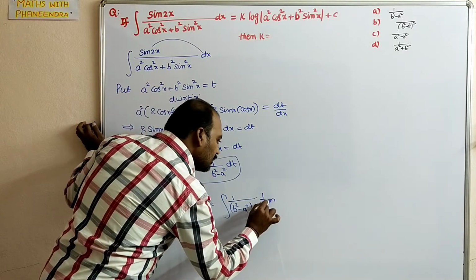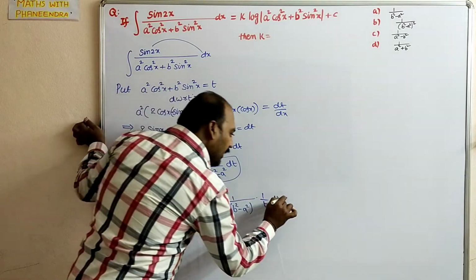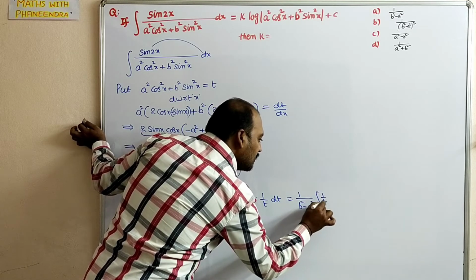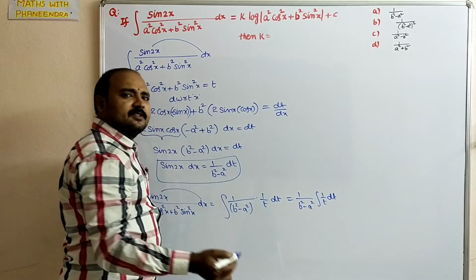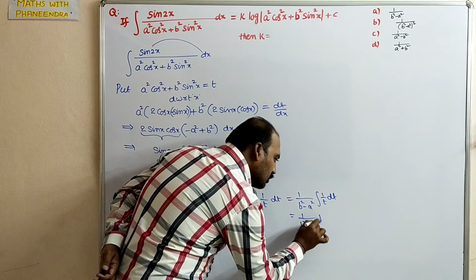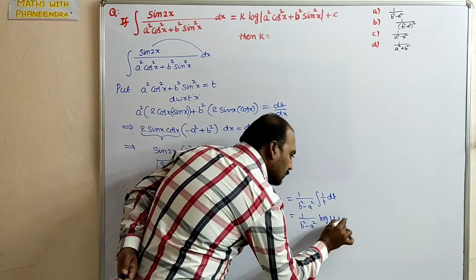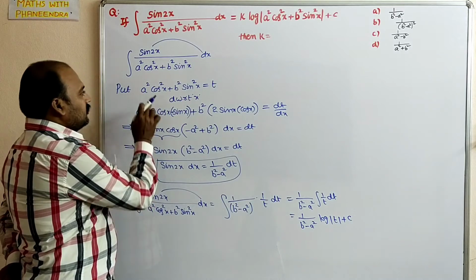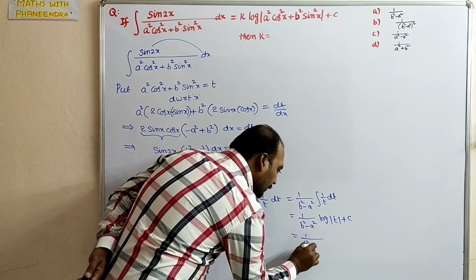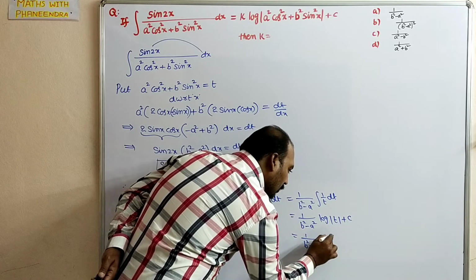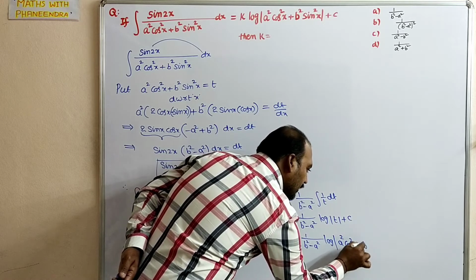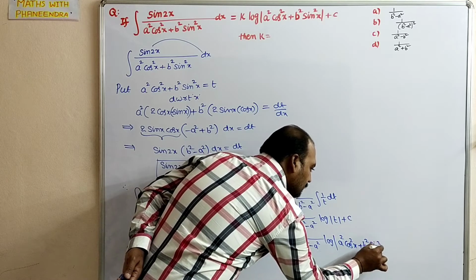So 1 by t into dt. This is a constant, we can take it outside. 1 by b square minus a square into integral 1 by t dt. Integral 1 by x is log mod x. So 1 by b square minus a square into log mod t plus c. In place of t, substitute this value. So it is equal to 1 by b square minus a square into log mod a square cos square x plus b square sin square x plus c.